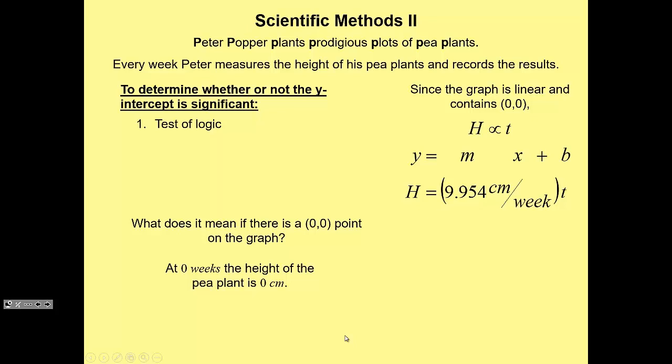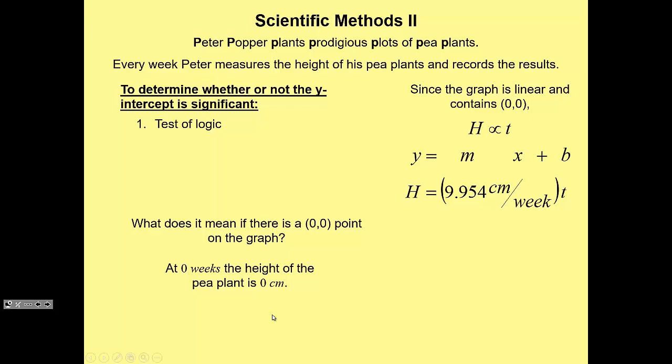If we had instead planted a pea plant that was already grown, then at 0 weeks it might have had a height that was significant. And it would have made sense to not have 0, 0. We wouldn't have had that point in our data table, and we would have had a y-intercept that we would have added on. But in this case, logic is telling us we planted a seed, so at 0 weeks it should be 0 height.